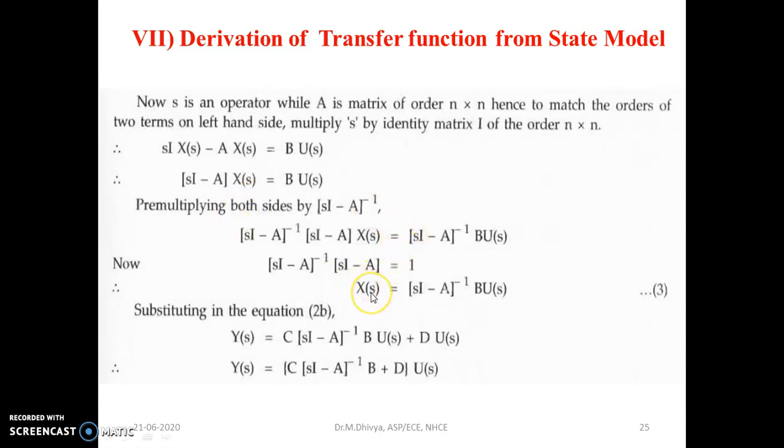Now the equation is rewritten as X of s is equal to (sI minus A) the whole inverse into B into U of s.